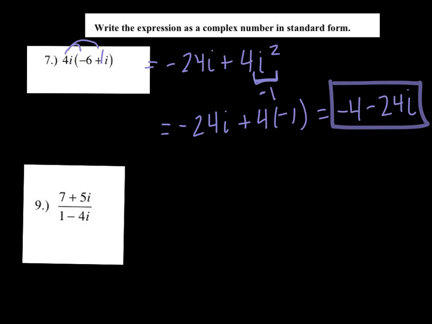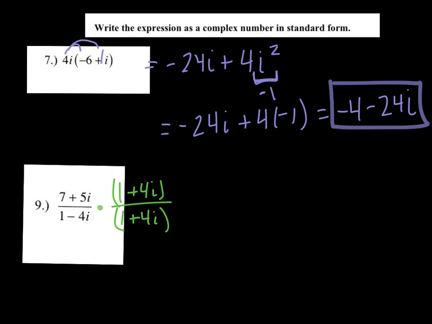So we need to rationalize this or simplify this just like we did with the radicals so that that imaginary value is gone. So we still need to multiply by the conjugate. So if the bottom of your denominator is 1 minus 4i, we're going to multiply by 1 plus 4i. Remember, you have to do it on the top and bottom to keep it balanced.